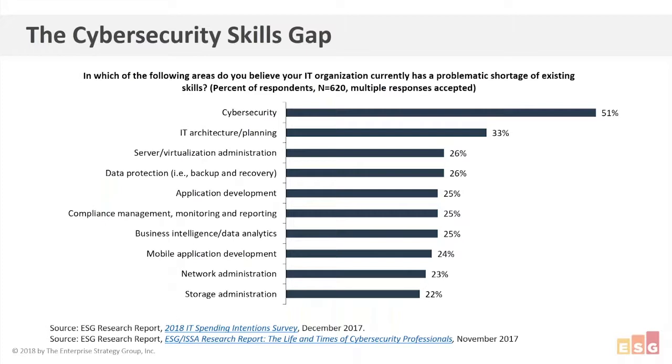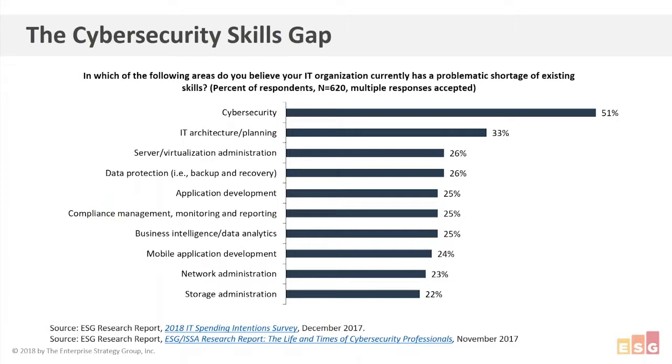First, I'm going to take a little bit of a look at the landscape based on ESG's research. And there's really a wide and increasing cybersecurity skills shortage. So 51% of organizations surveyed by ESG last year reported that they had a problematic shortage of cybersecurity skills in 2018. That's up from 45% in 2017.